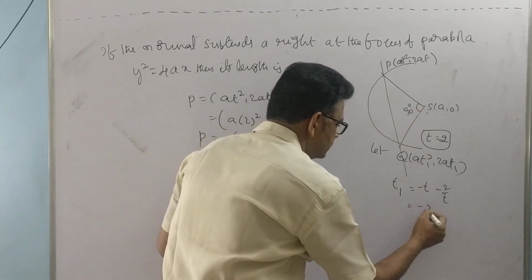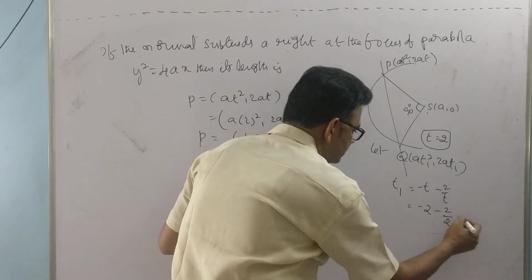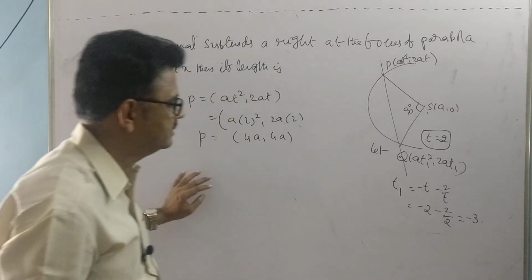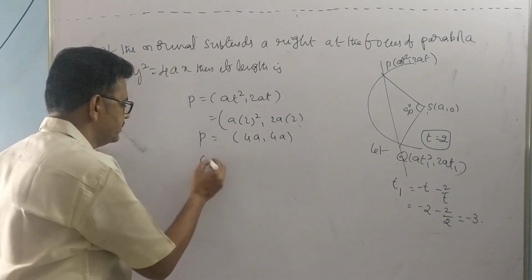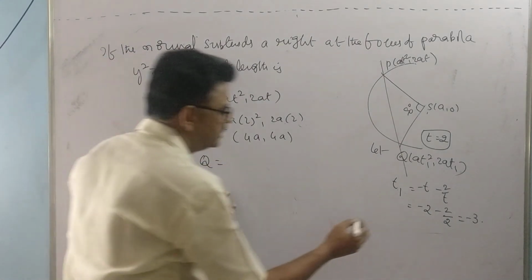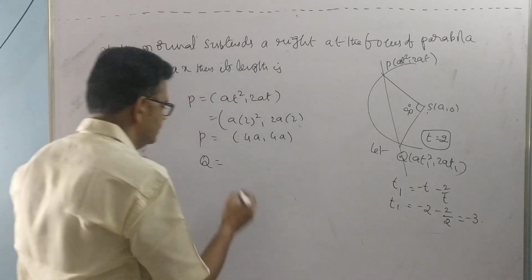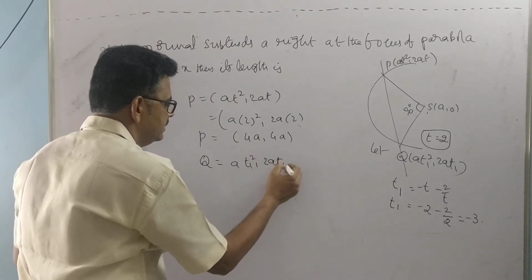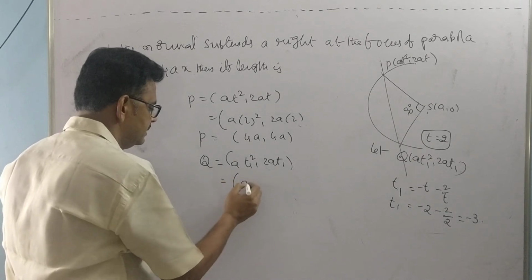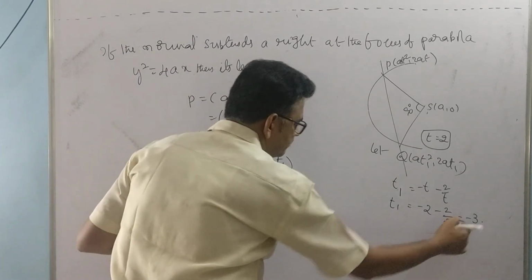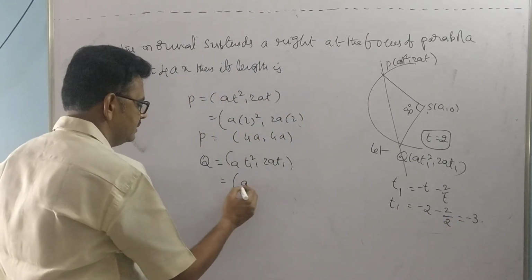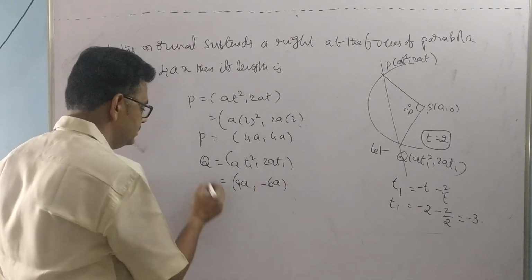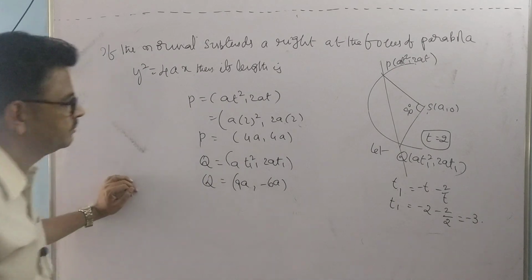Therefore that is minus 2 minus 2 by 2, that is equal to minus 3. Therefore the coordinates of Q are (a t1 square, 2a t1), where t1 is minus 3. So this is (9a, minus 6a). These are the coordinates of Q.